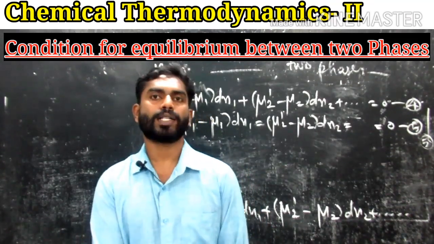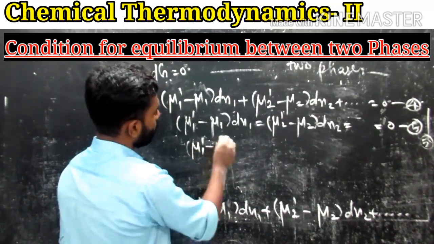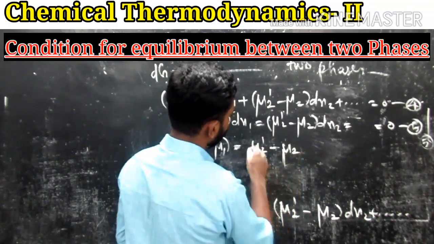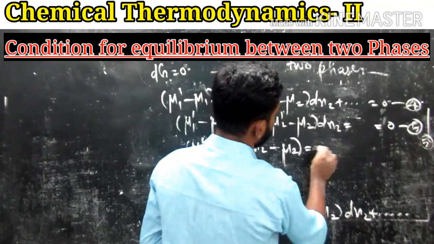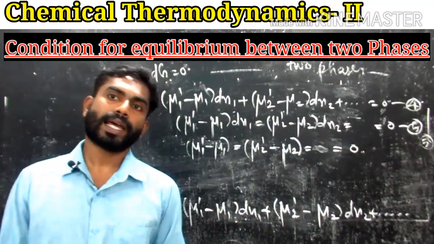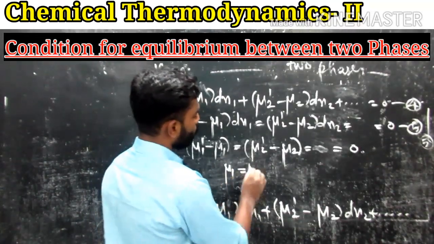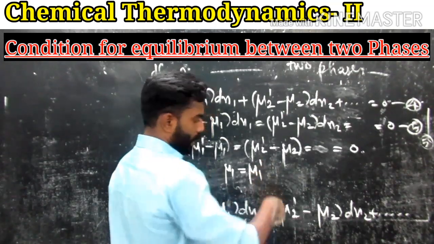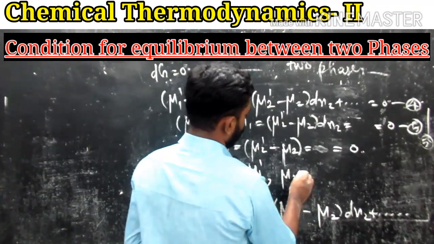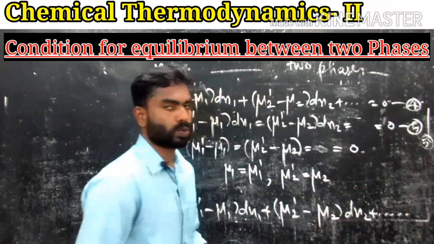Hence, it follows that mu1 dash minus mu1 is equal to mu2 dash minus mu2 is equal to etc. is equal to 0. And then obviously we can write mu1 is equal to mu1 dash, and also mu2 dash is equal to mu2.